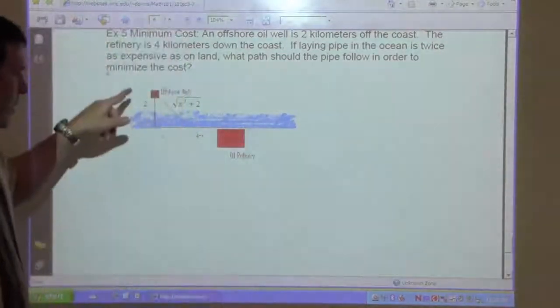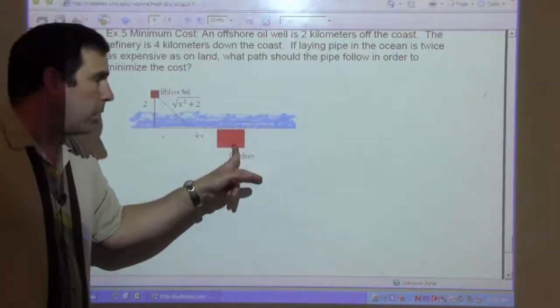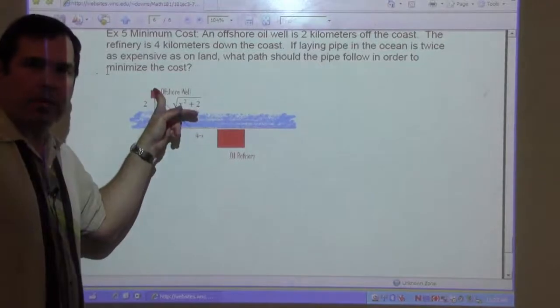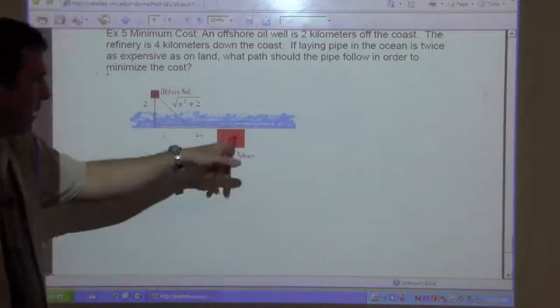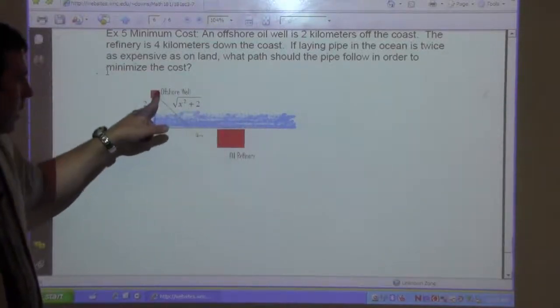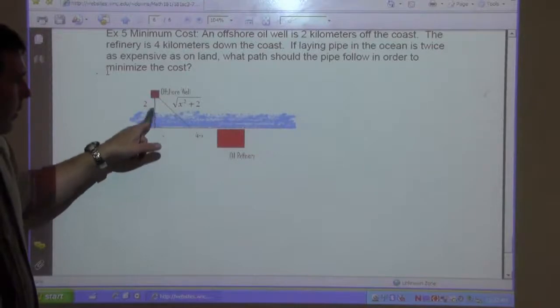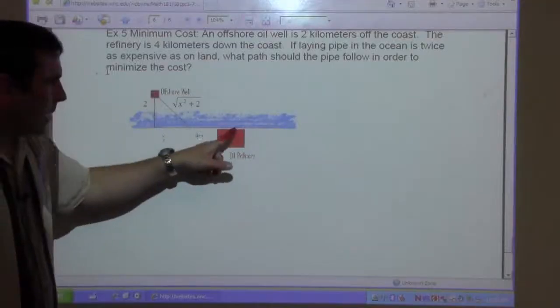The guy was on shore, like at the oil refinery, threw the ball out here to the offshore well type area. Not the same thing. I'm not really saying there's an oil refinery here, but I'm saying here's the guy, throws the ball here. The dog could just swim directly out there. The dog could run out here and then swim, or the dog could run so far and then swim. And that's what the dog does.